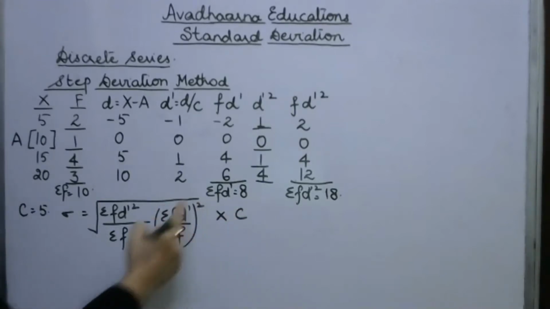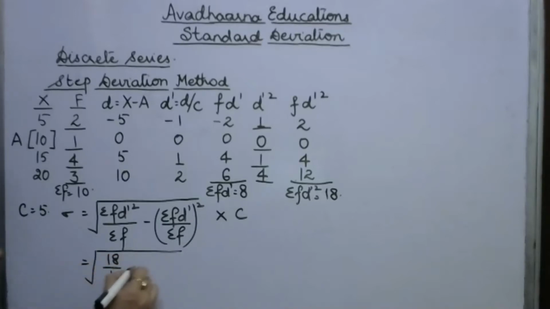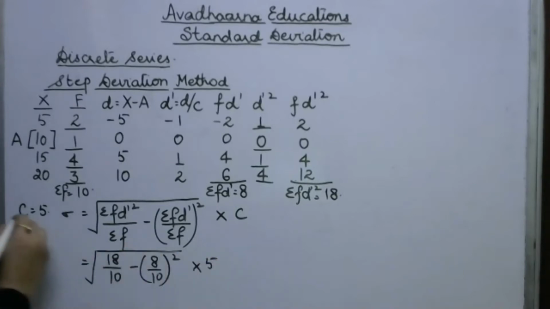The c is outside the square root. Let's substitute the values. Under root of summation fd dash square is 18 upon 10, minus summation fd dash is 8 upon 10 whole square, into 5. C was 5.